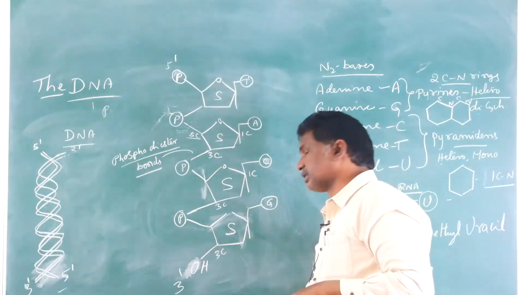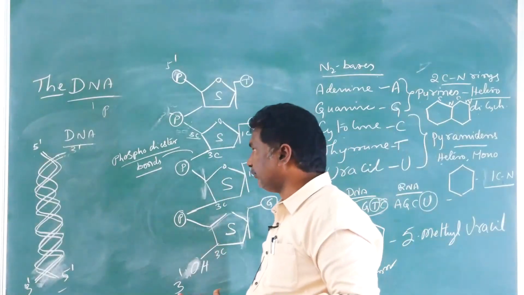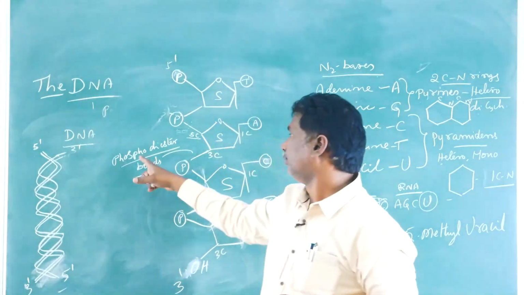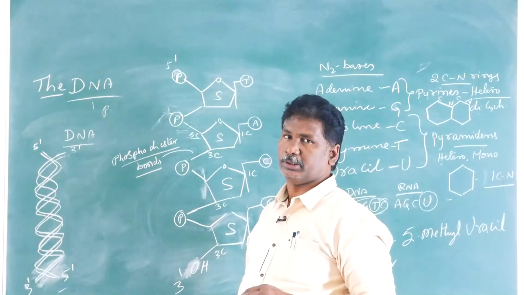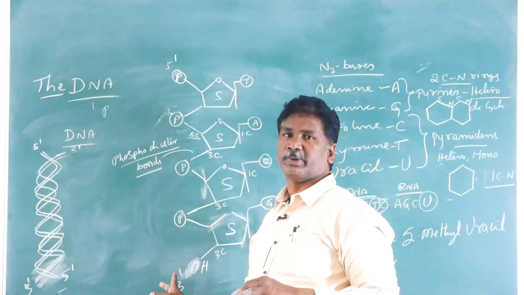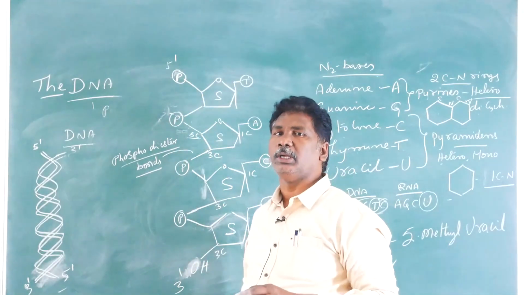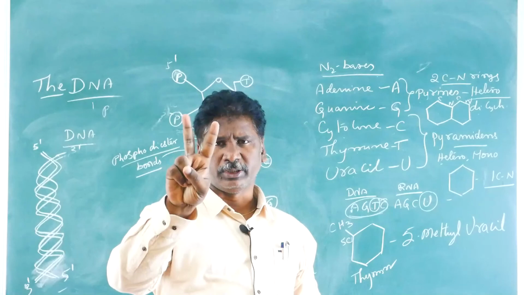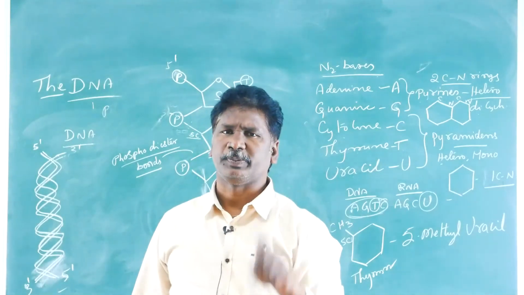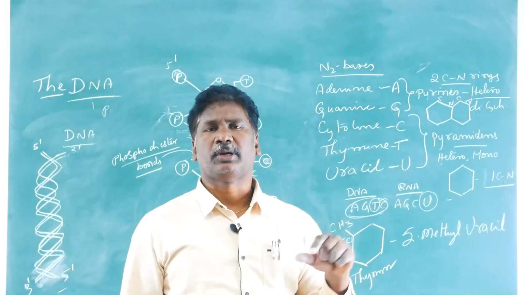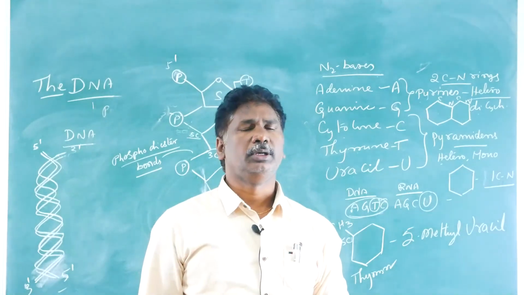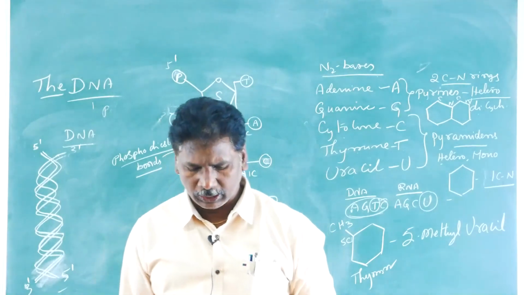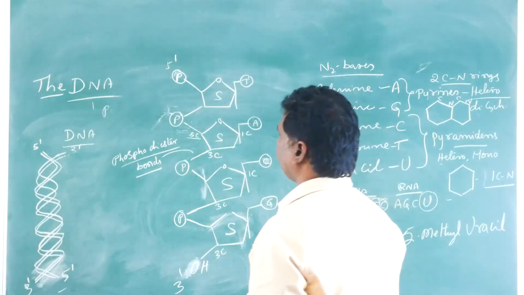This type of long chain of nucleotides interlinked with phosphodiester bonds is called a polynucleotide chain. Two such chains are present within DNA, and only one is present within RNA. So RNA has only one polynucleotide chain, but DNA has two polynucleotide chains.